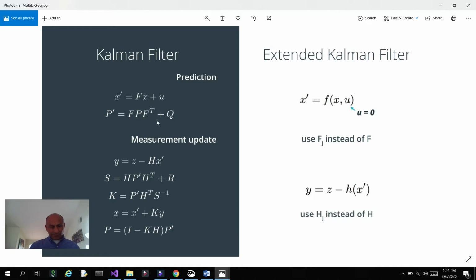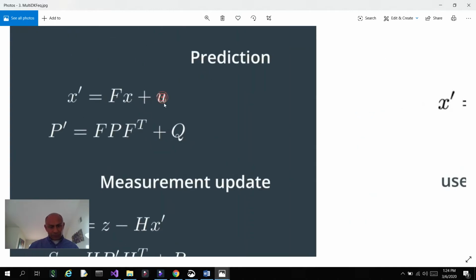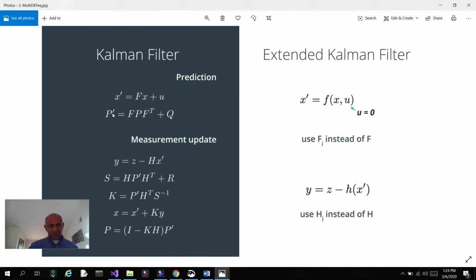And so now this nu is the noise, this u function here, and this P dash, or predicted covariance, again uses this F state transformation matrix. This F is just used so that the new prediction is in the same dimensions as the old prediction.